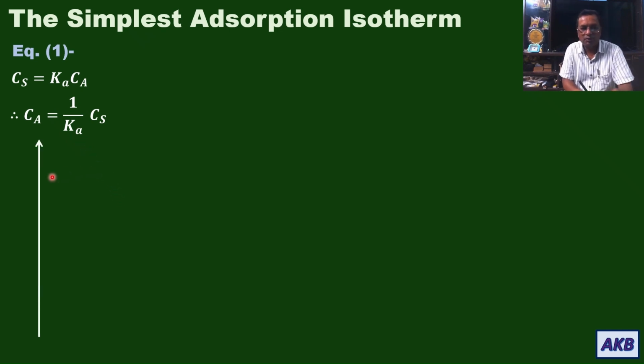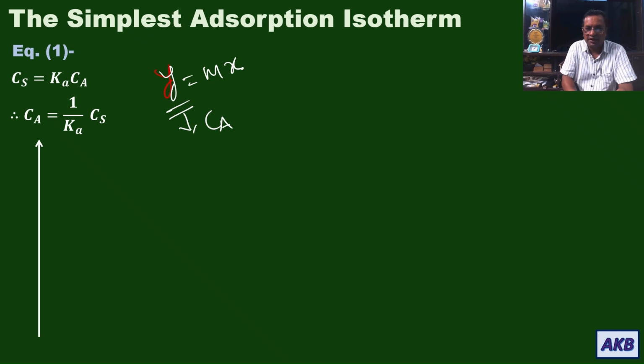So what can you say about this equation? This equation is of the form y is equal to mx. In this case, y is Ca and x is Cs, and m is the slope. And in this case, the slope is 1 upon Ka.